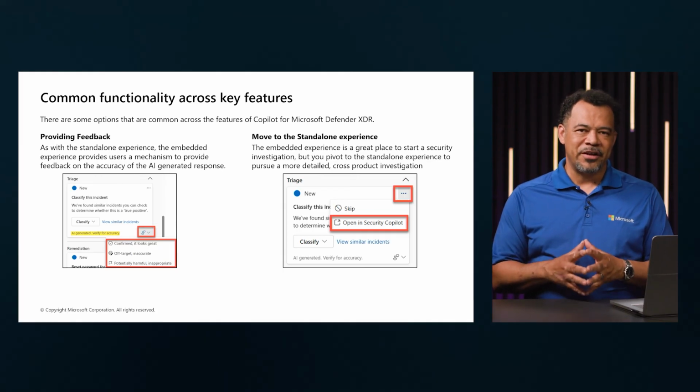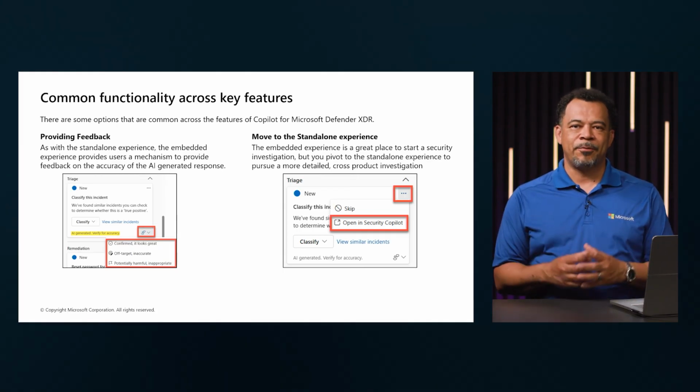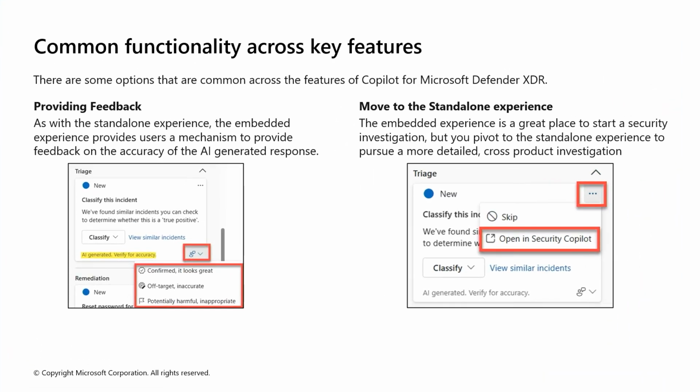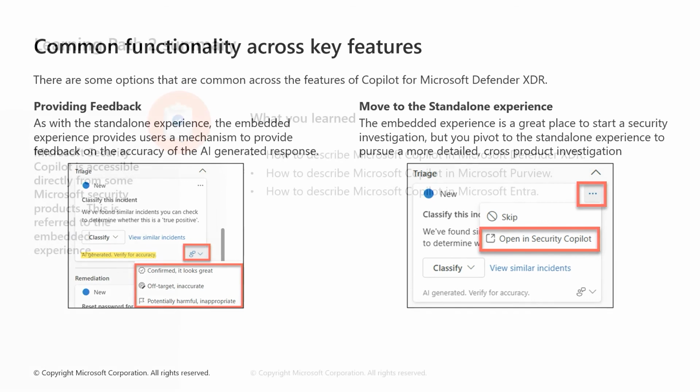This allows you to conduct a more detailed cross-product investigation utilizing all the Copilot capabilities enabled for your role. These options are designed to make your work more effective and efficient, ensuring you have the tools you need to handle security incidents with confidence.